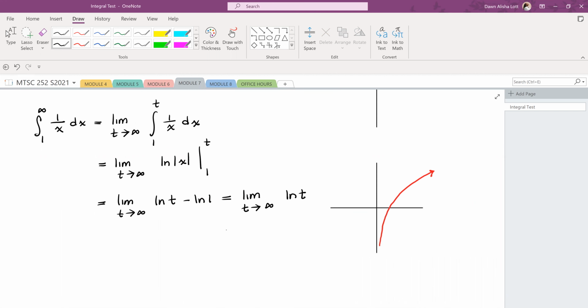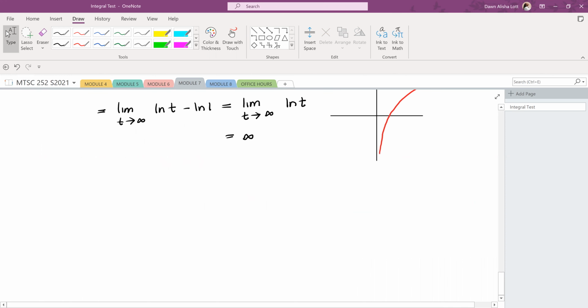So this limit is infinity. So therefore, since the integral from 1 to infinity of 1 over x dx diverges, the sum from n equals 1 to infinity of 1 over n also diverges.